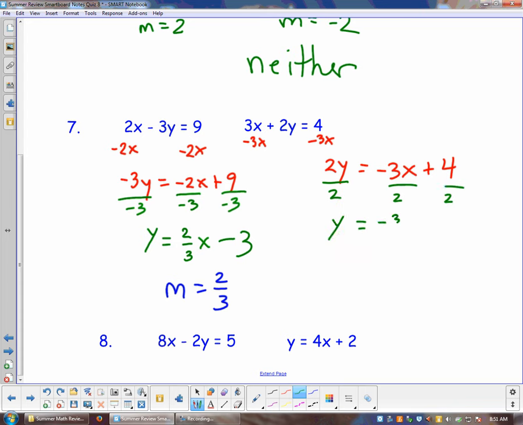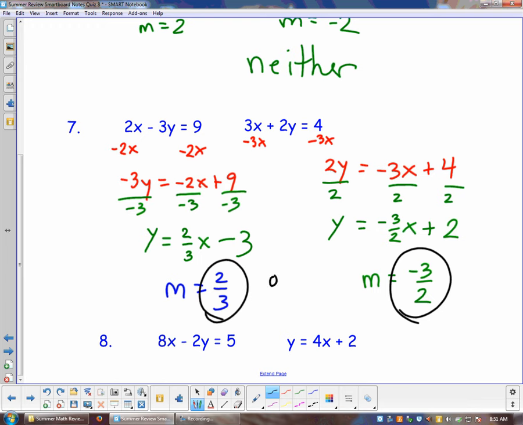And I get y equals negative 3/2 x, and 4 over 2 is 2. So here my slope is equal to negative 3 over 2. Well, negative 3 over 2 and positive 2 over 3 are opposite reciprocals. So we would say that these lines are perpendicular.